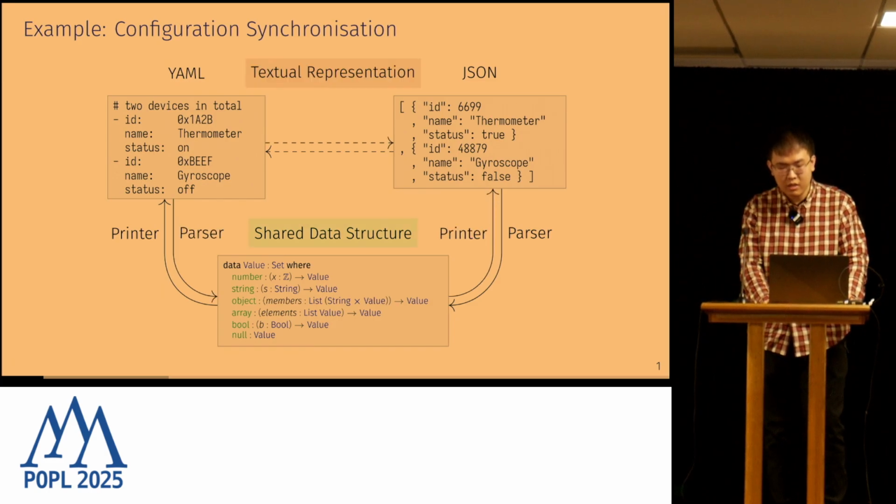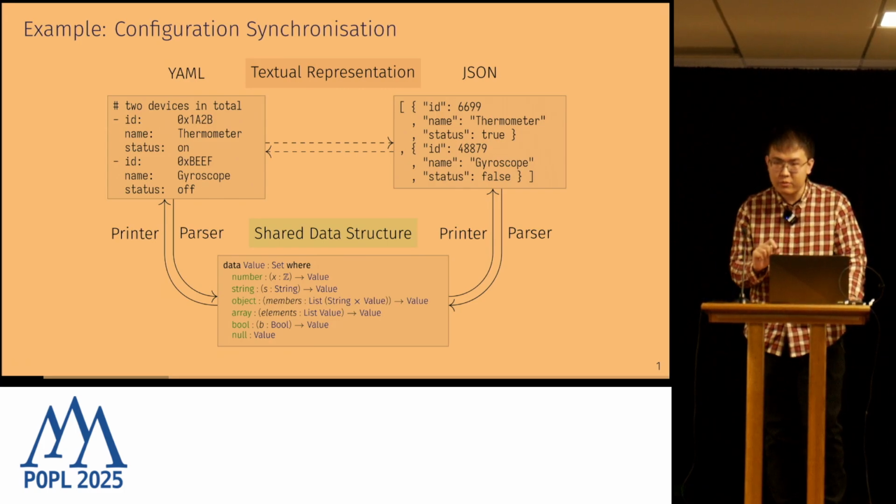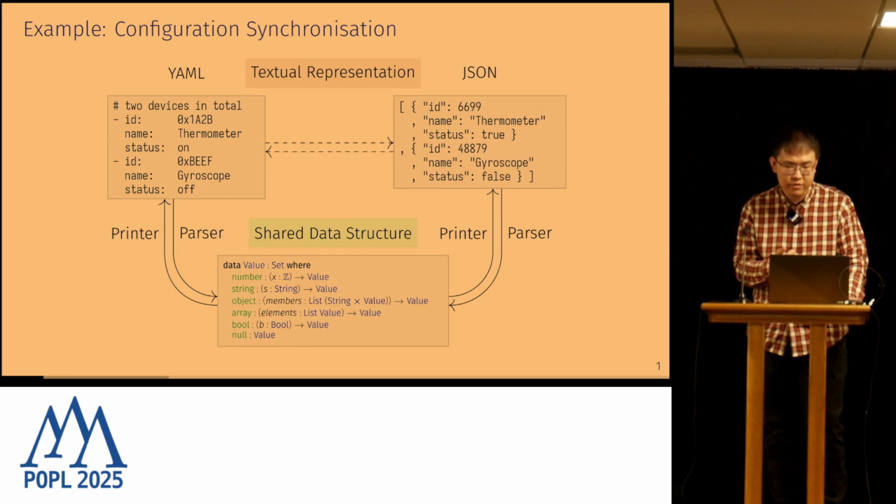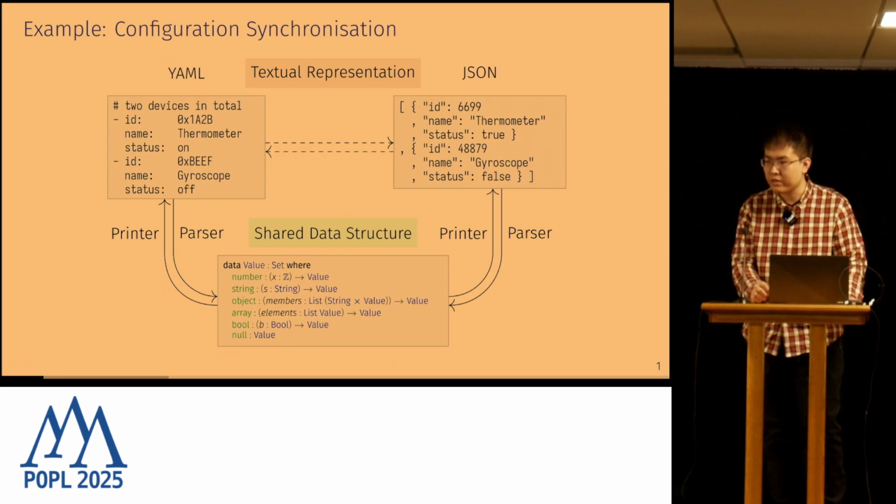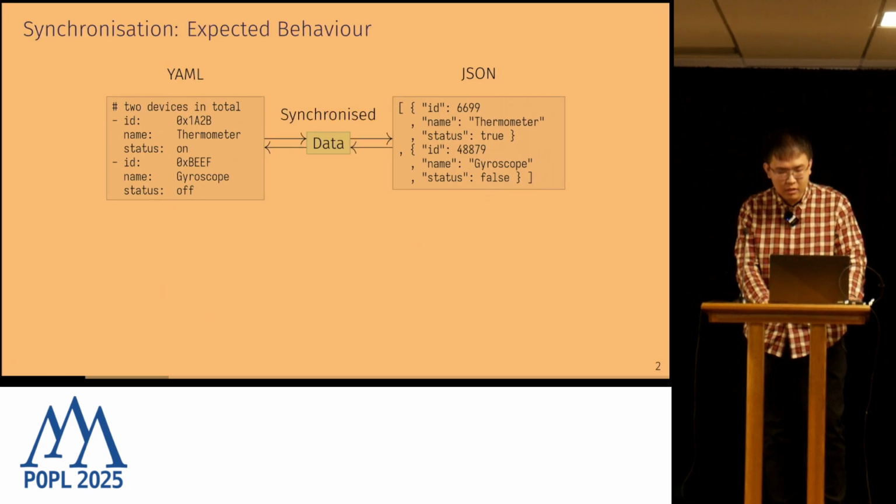So in the big picture, we have some textual representations, and we have a shared data structure. And we want a pair of parser and printer between each representation and the data structure. This is what's expected from the whole synchronization scheme.